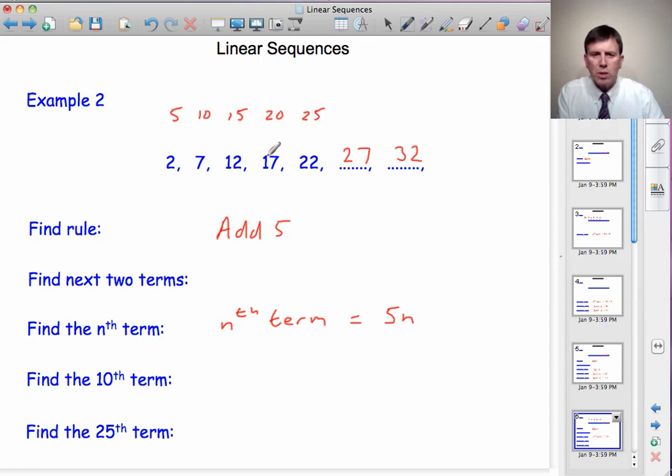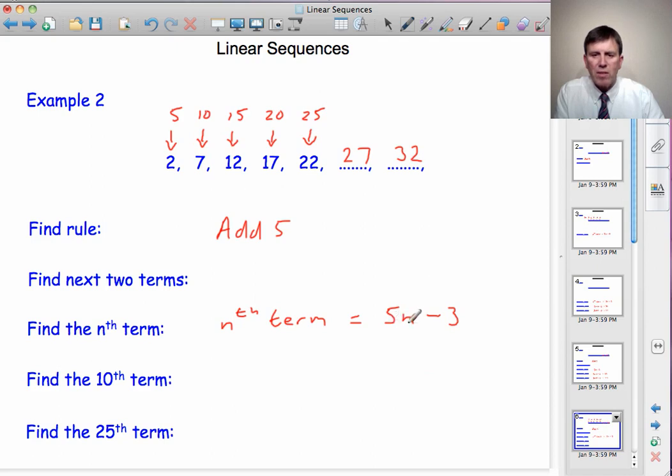So what adjustment do we need to make this time? How do we get from 5 to 2, from 10 to 7, 15 to 12 and so on? Well, we can see that to get from 5 to 2 we take off 3. So my formula just needs the adjustment minus 3. Let's check it works for the 5th term.